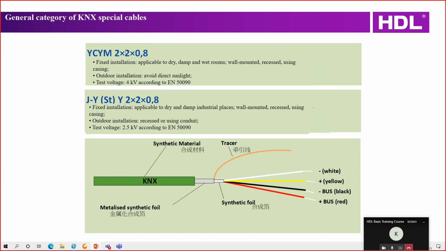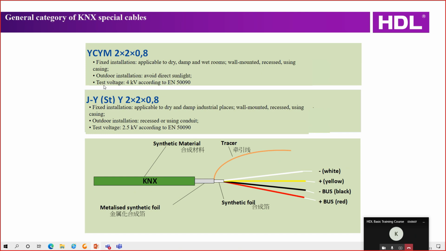The difference between these 2 cables is that the test voltage for this cable is 4 kilovolts according to EN 50090, and for this cable its test voltage is 2 kilovolts according to EN 50090.